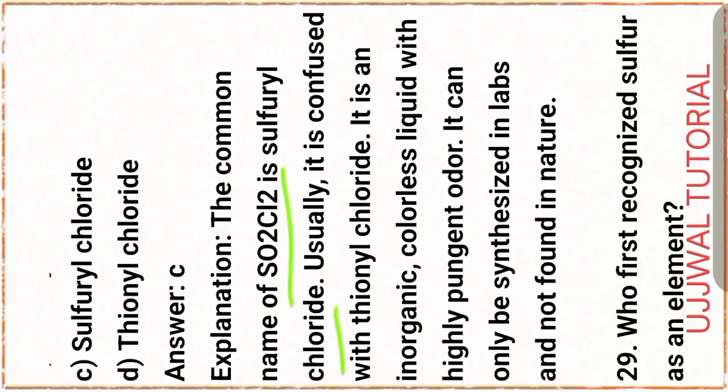Usually, it is confused with thionyl chloride. It is an inorganic, colorless liquid with a highly pungent odor. It can only be synthesized in the lab and is not found in nature.